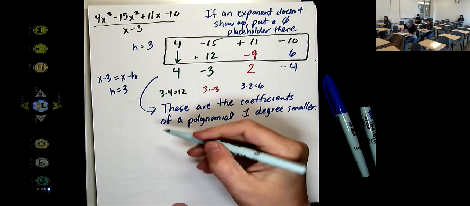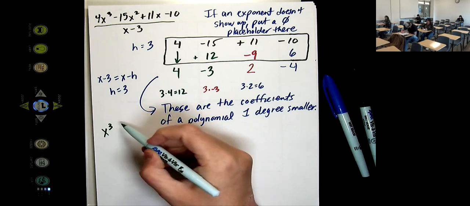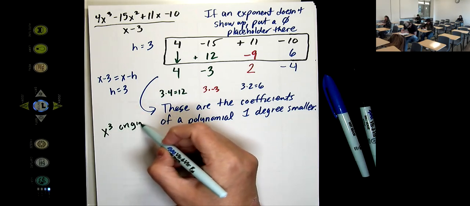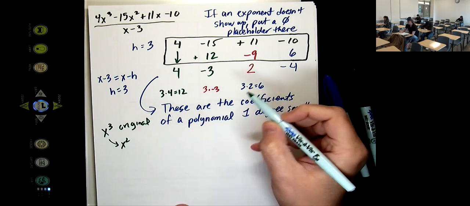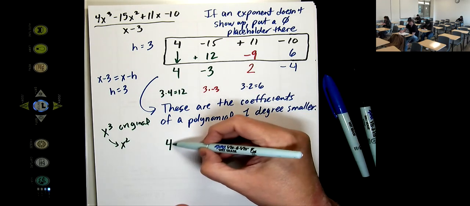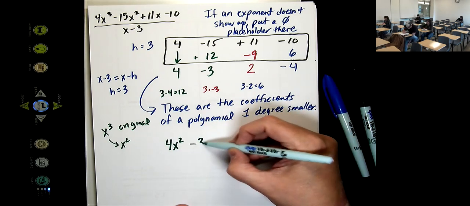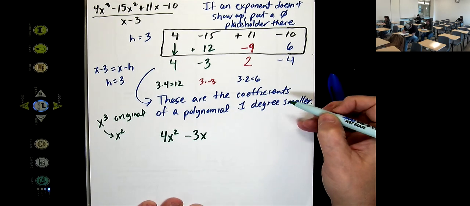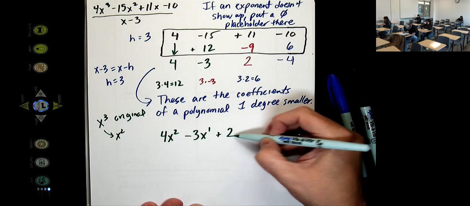We started off with x cubed. That was the original. So we drop it down to an x squared. We'll put an x squared with the 4, an x with the -3, and an x to the 0 with the 2.